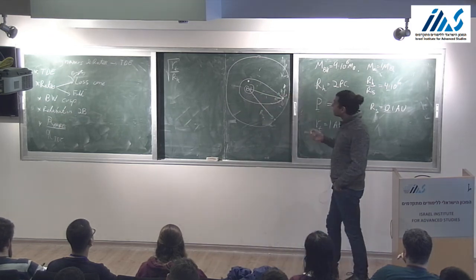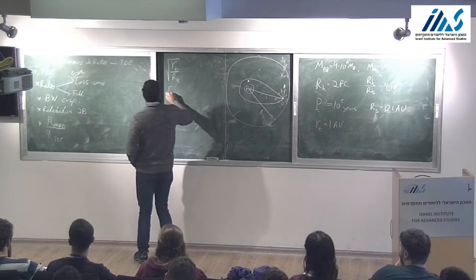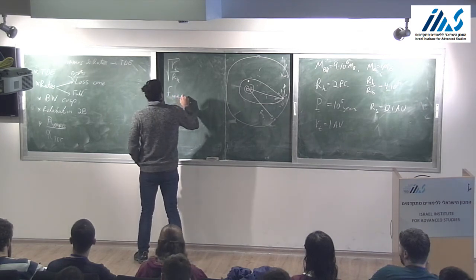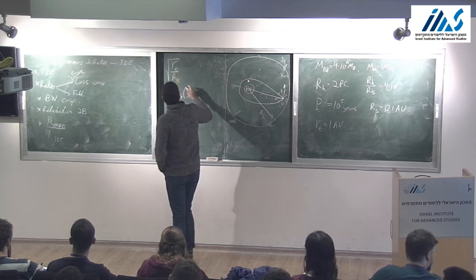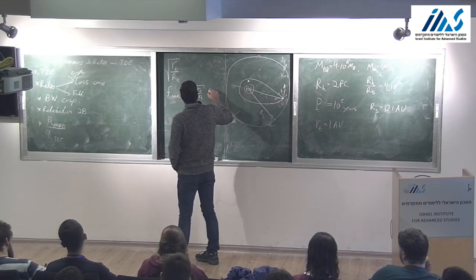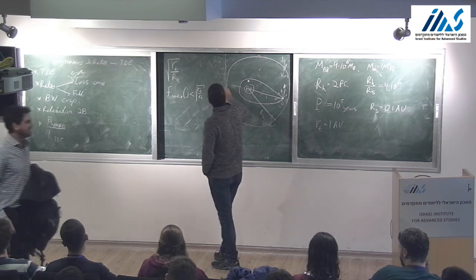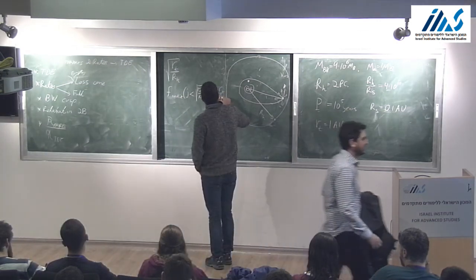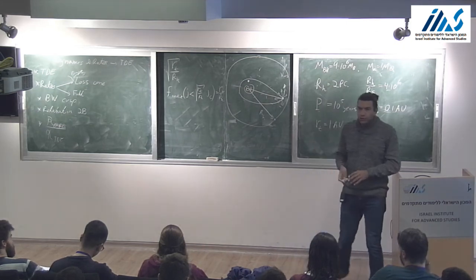So the fraction of orbits with angular momentum less than this out of the circular angular momentum is the square of that. You got the square here? It's just the fact that I need two dimensions of the velocity.